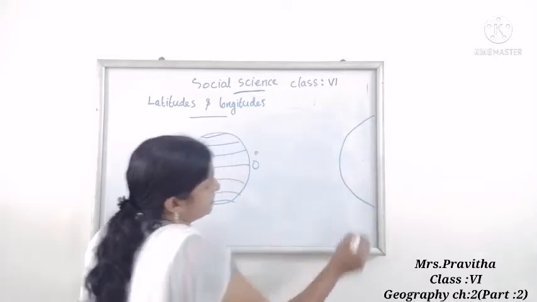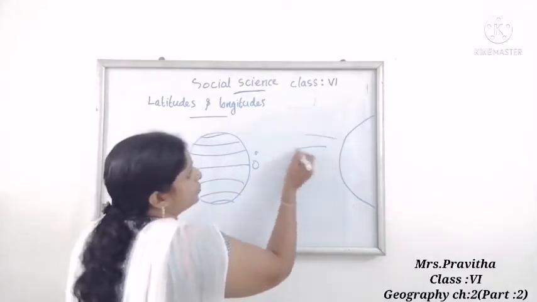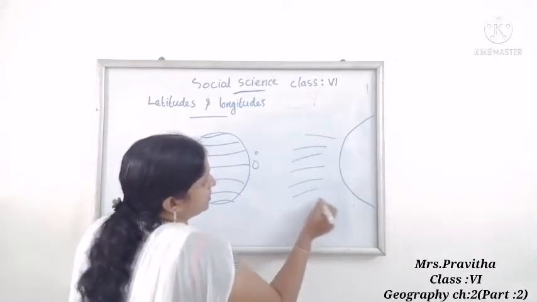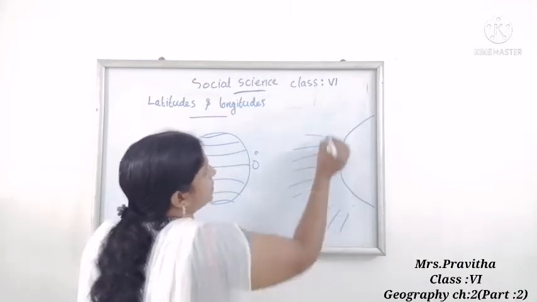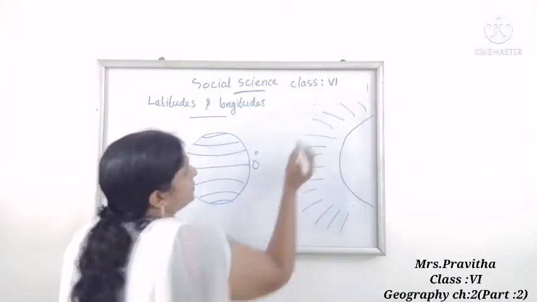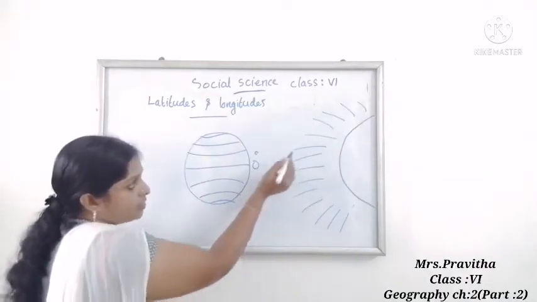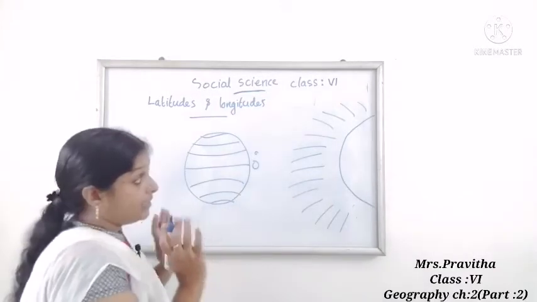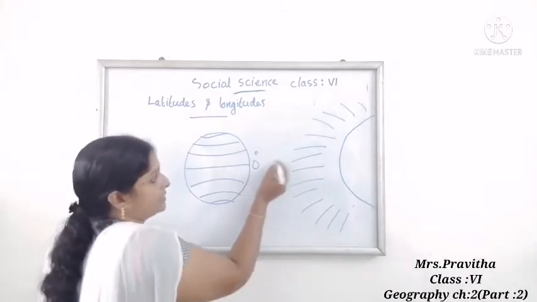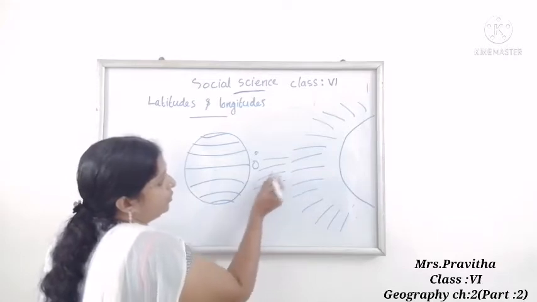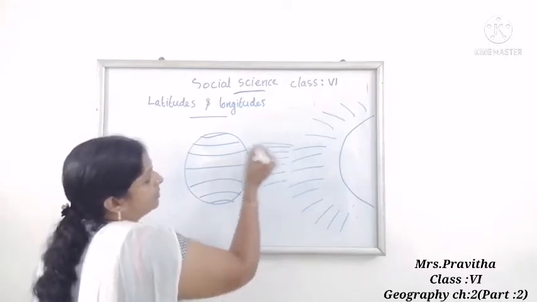Just imagine this is the sun, and ma'am is going to draw the sun's rays. Which part of the earth is getting direct sunrays? You can see the equator. So the equator is getting direct sunrays.